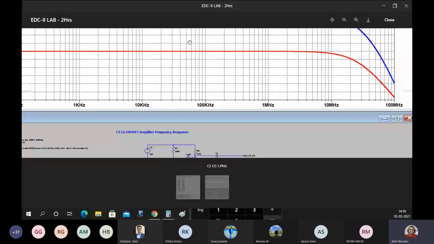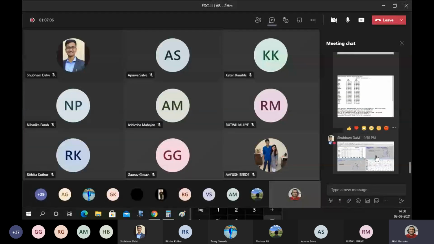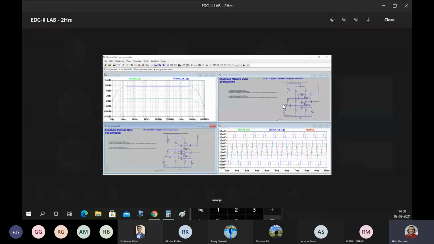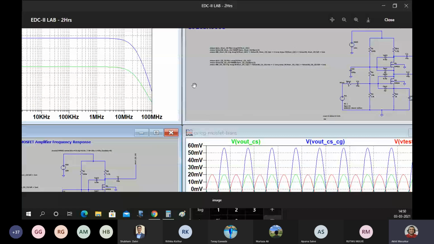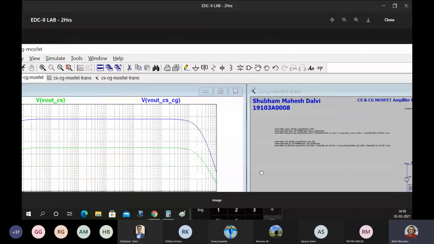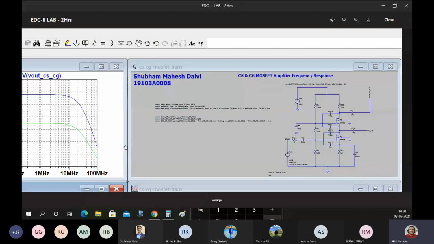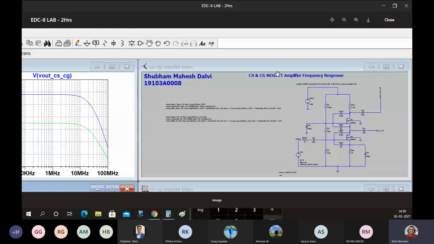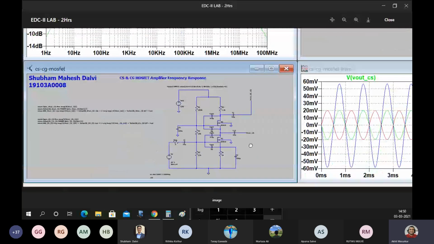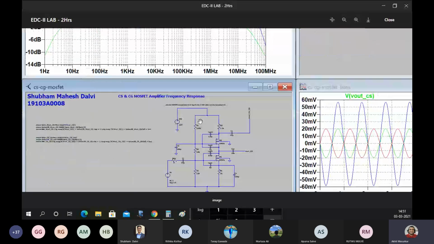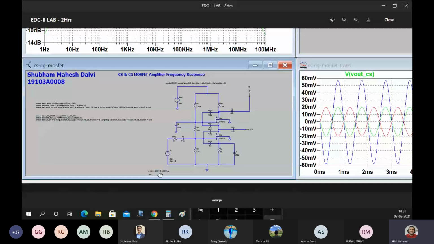So now I want, see, Shubham has posted this output, and you can see how he has beautified it. He has put a name. Then the circuit looks pretty clean, and here he has plotted another circuit. In this circuit he has done AC analysis, and in this circuit he has done a transient analysis, .tran.